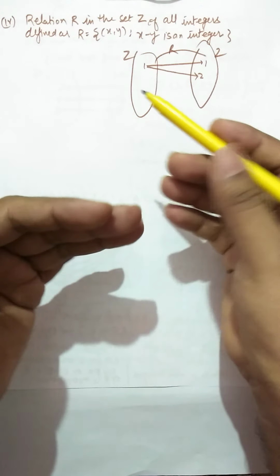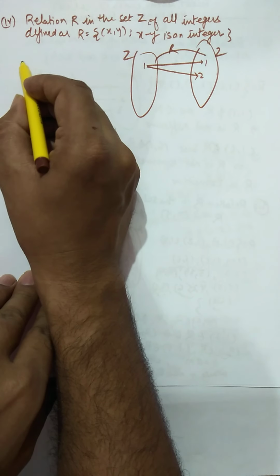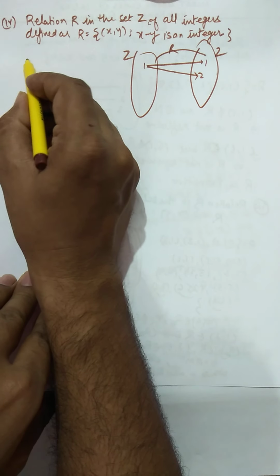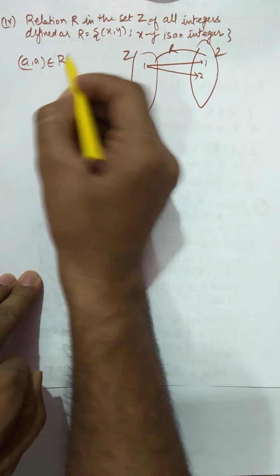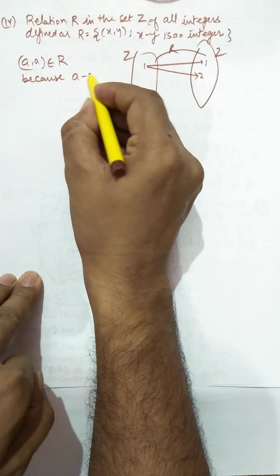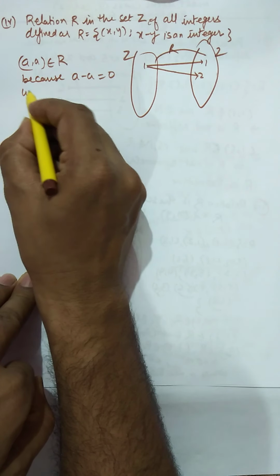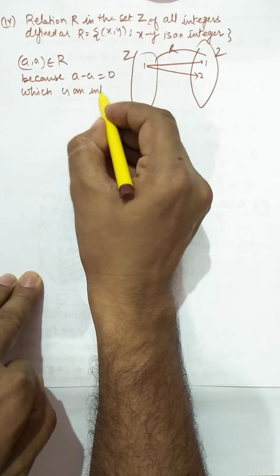So this way we can understand. Now we have to show whether this relation is reflexive or not. So (a, a) belongs to R because a minus a is equal to 0, which is an integer.